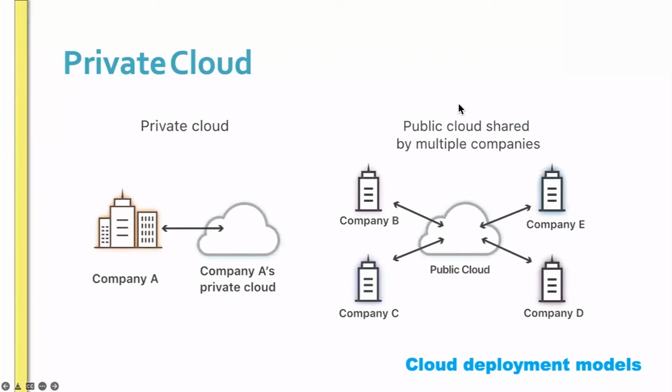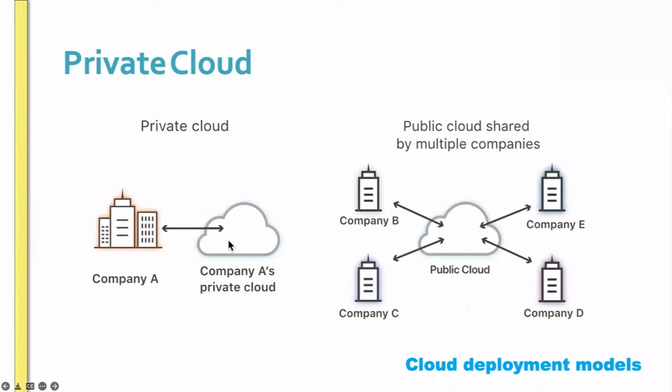Okay, public cloud is shared by multiple companies, company A, B, C, as we already discussed. When it comes to private cloud, one organization develops their own cloud technology, or purchases some private cloud technology, and uses it only within their premises, not by any other company.